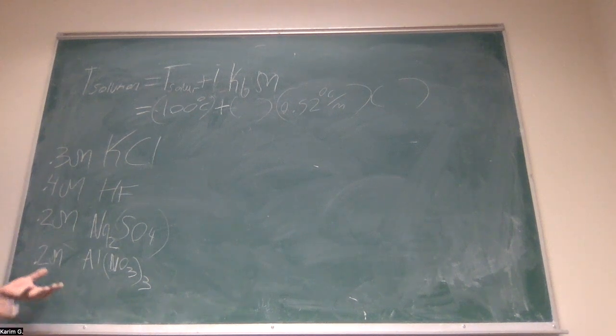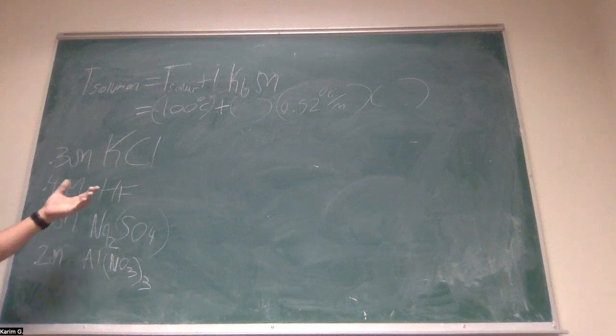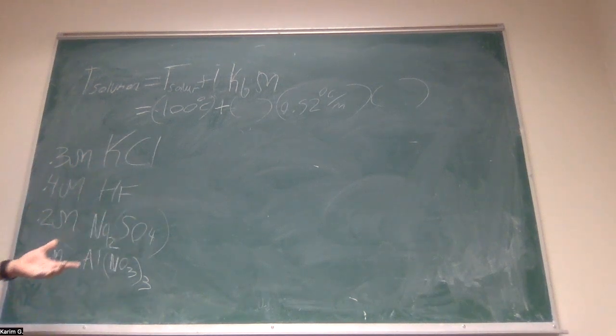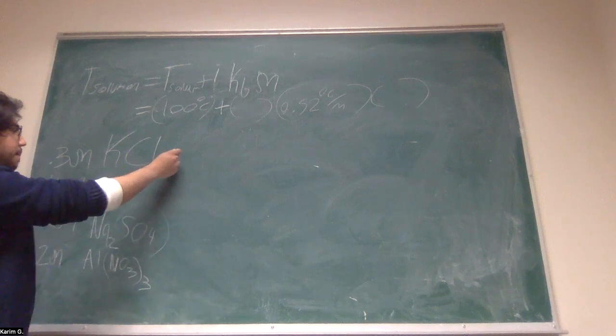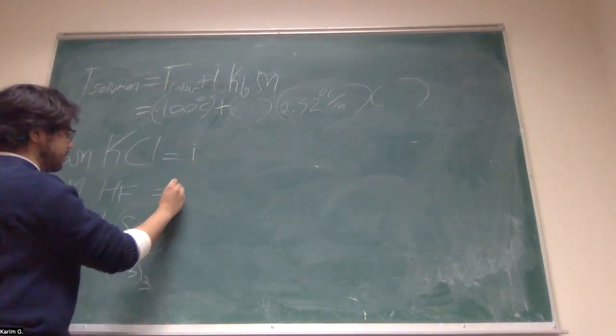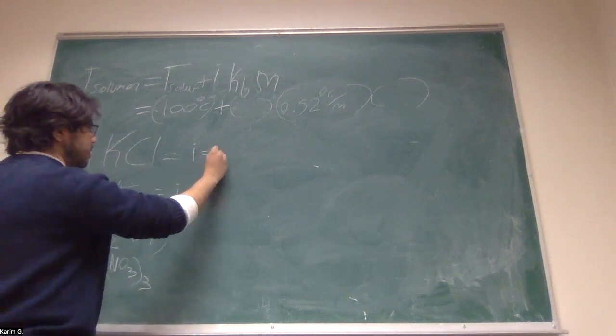So we're given molality for all of these, right? But all of these have different Van 't Hoff factors, right? Because some of them are electrolytes, and some of them are just covalent bonds. Yes. So then, what's the Van 't Hoff for KCl? 1, right?